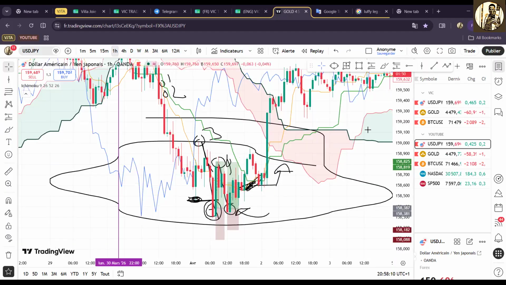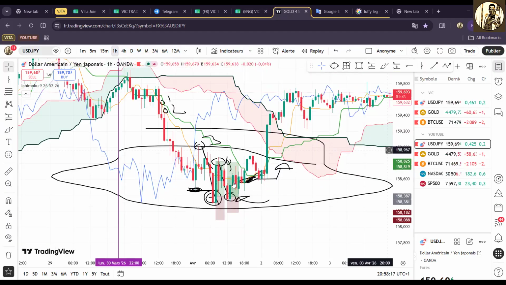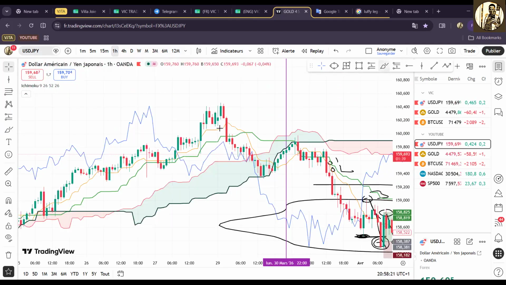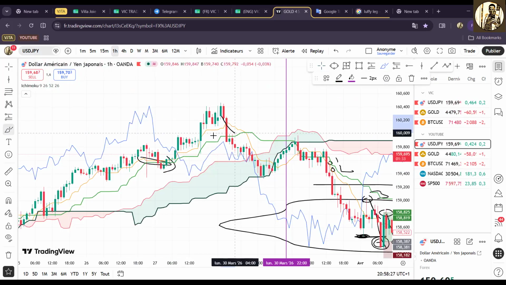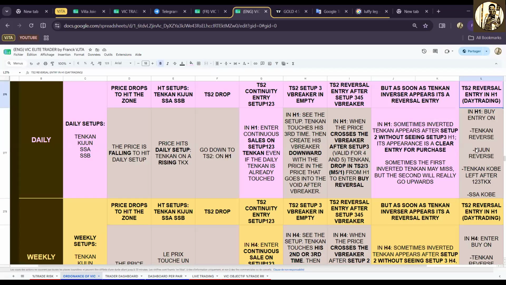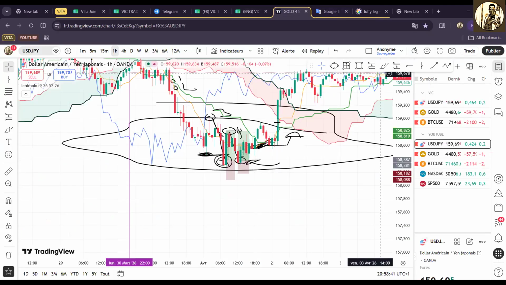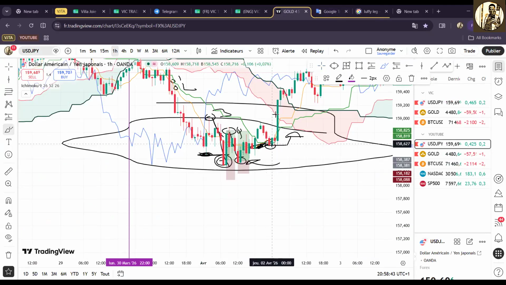And in 1 hour, sometimes the first Tenkan inverted doesn't give, but the second one will give, like this one. If Tenkan inverted bended to the downside here first, it didn't give, but the second one gave. So that's what I explained. Now, how do you enter? You can enter on Tenkan inverted in H1, or you can enter on Kijun inverted, like you can enter now as a buy on Kijun inverted.